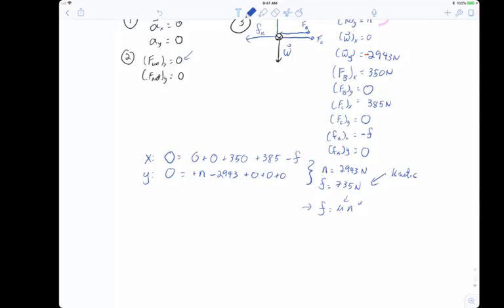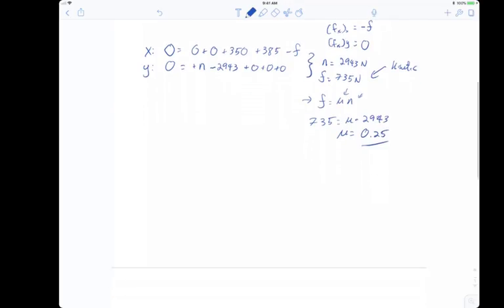So 735 is equal to mu times 2943. So the coefficient of friction between the floor and the safe is 0.25. That's my answer. Move on to the next question.